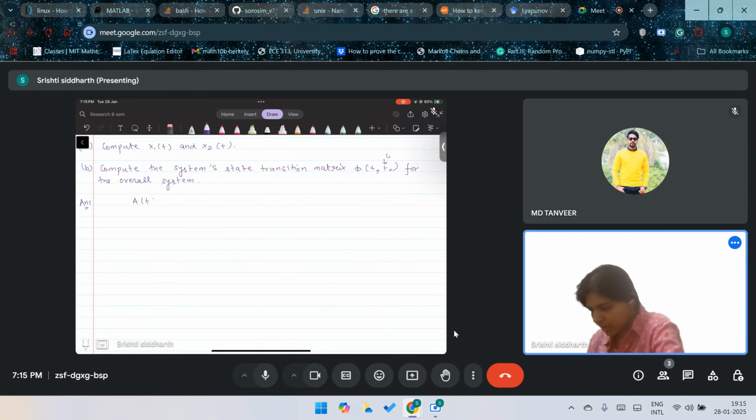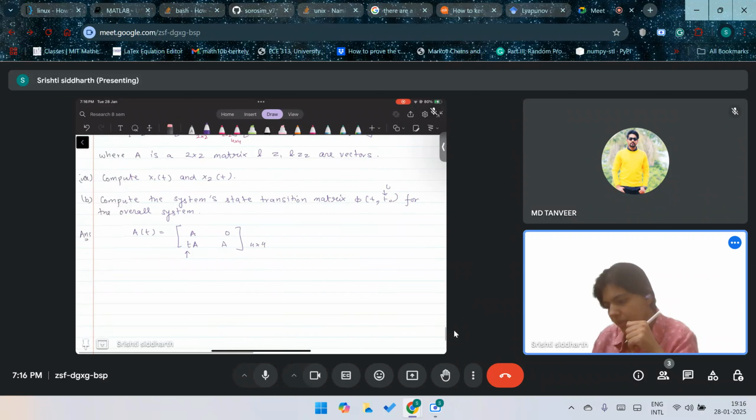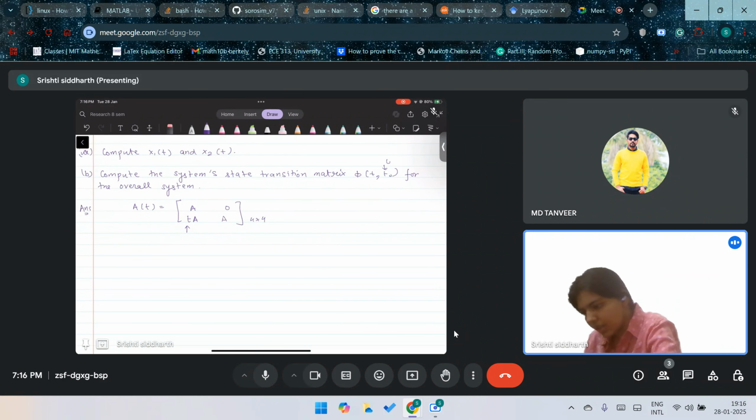The time varying matrix A(t) is time varying because we have t here. You can see that this has a nice structure in the sense that this is a lower triangular matrix.